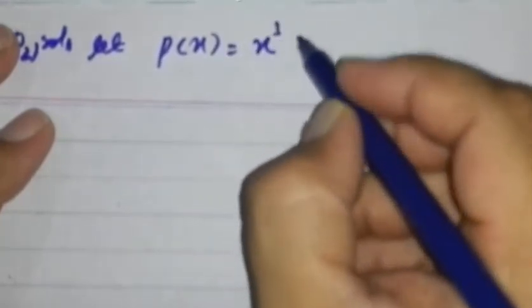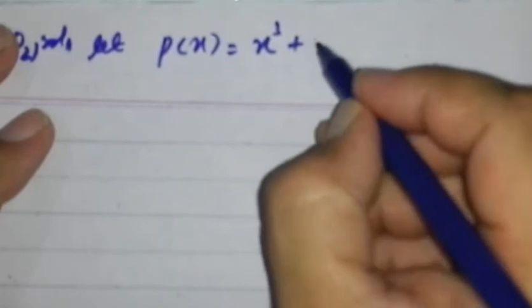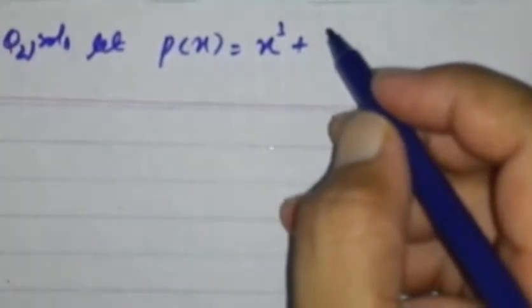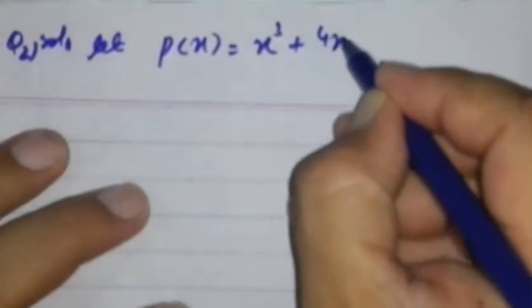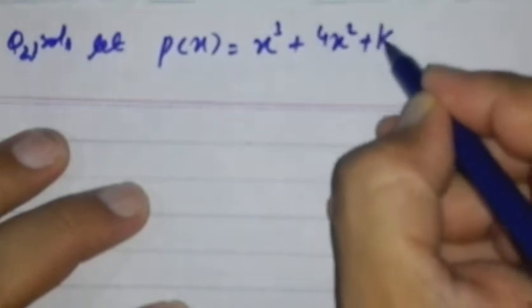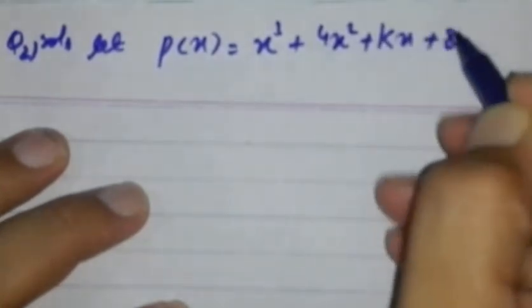Let p of x equals x cubed plus 4x squared plus kx plus 8.